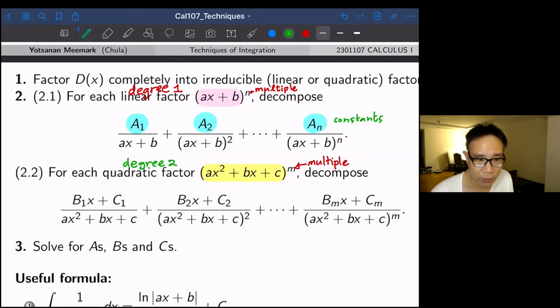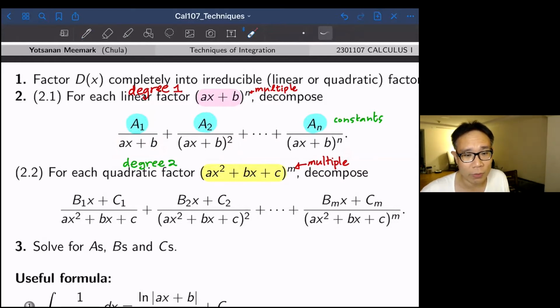Each bottom is a power of ax plus b, from 1 to 2 up to n, so ax plus b, (ax plus b) squared, up to (ax plus b) to the n.